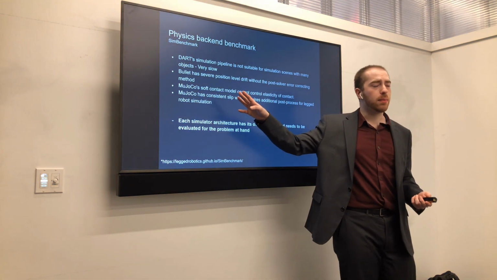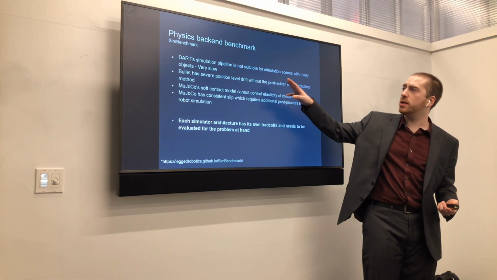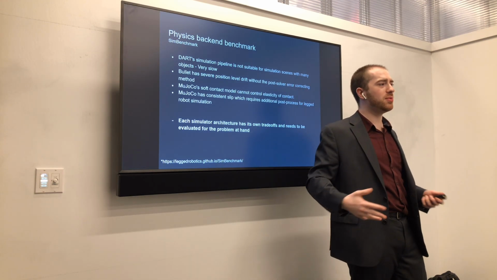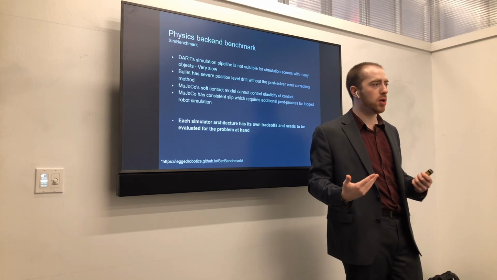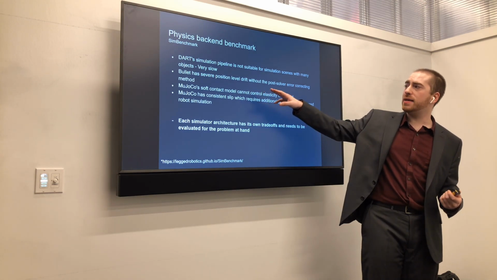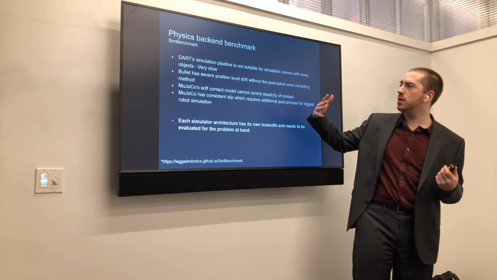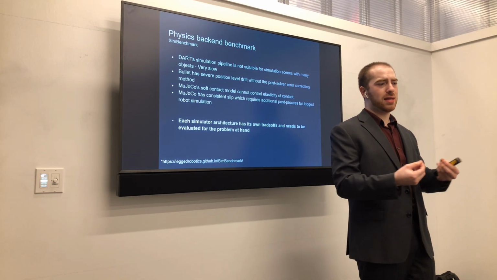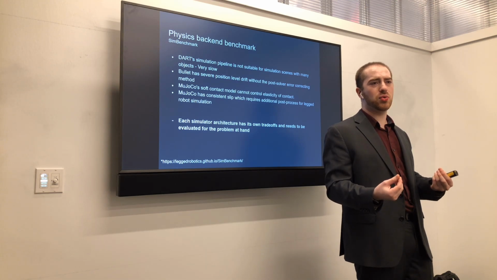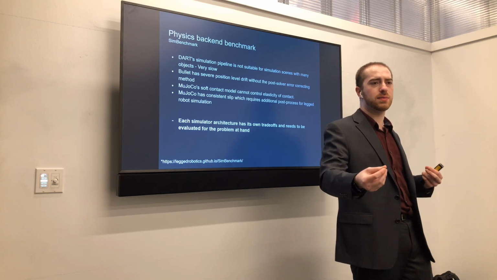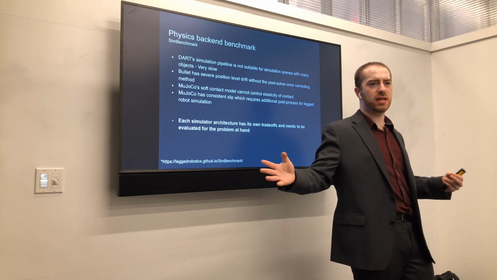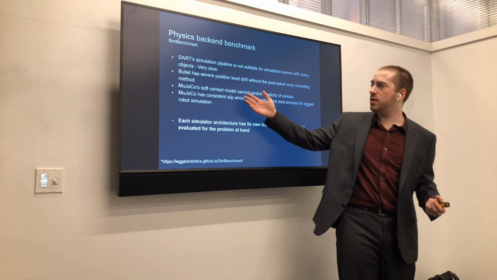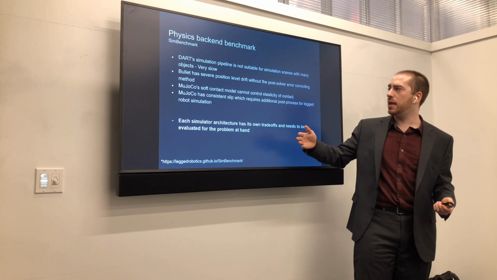And some highlights that they pointed out is Dart's simulation pipeline is not suitable for simulation scenes of multiple objects because it's very slow when you add multiple objects. Bullet has severe position level drift, meaning that their solver method is actually, the time step between positions is too inaccurate. So when it's actually predicting the next position, you get significant drift as the simulation runs longer. Mujoco's soft contact model cannot control elasticity.